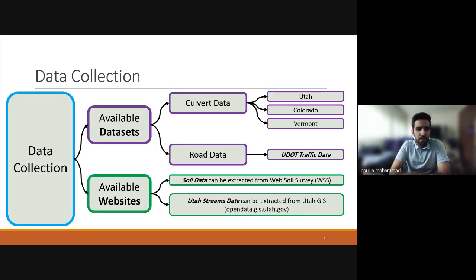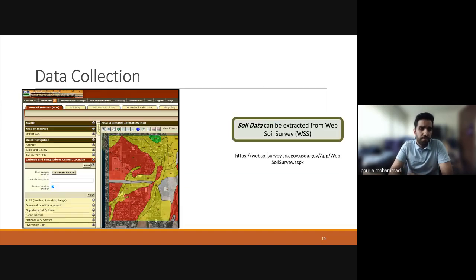As we mentioned, we collected culvert data from three states: Utah, Colorado, and Vermont. Also, we collected road data and added them to the datasets from the UDOT traffic repository. In addition, soil data and Utah stream data can be extracted from available websites.